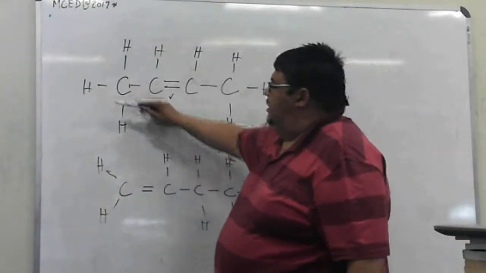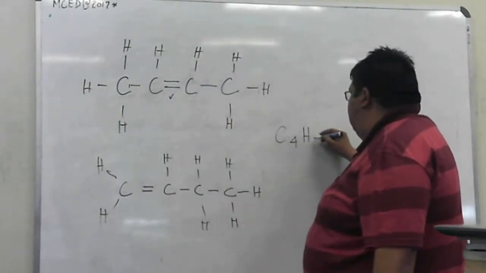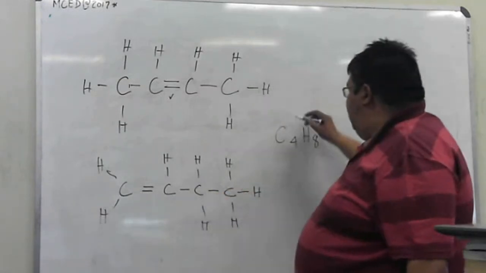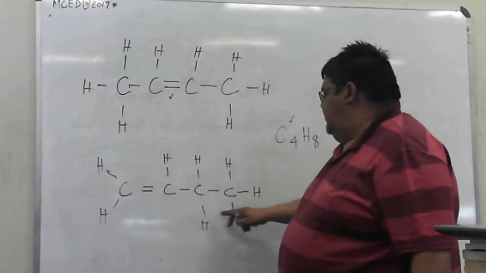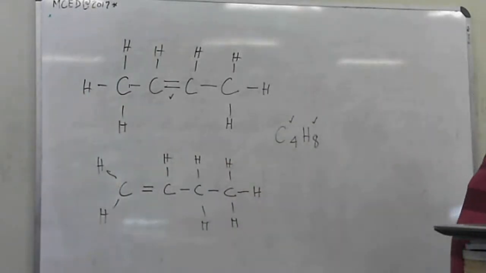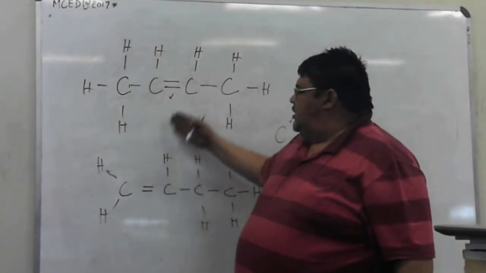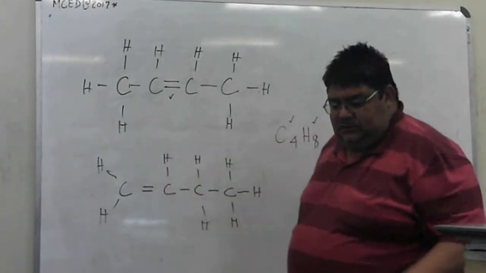And we start counting 1, 2, 3, 4, 5, 6, 7, 8, H8. Let's check. 1, 2, 3, 4, that is correct. 1, 2, 3, 4, 5, 6, 7, 8, that is correct. So, those are positional isomers. Positional isomer because the position of the double bond is different.